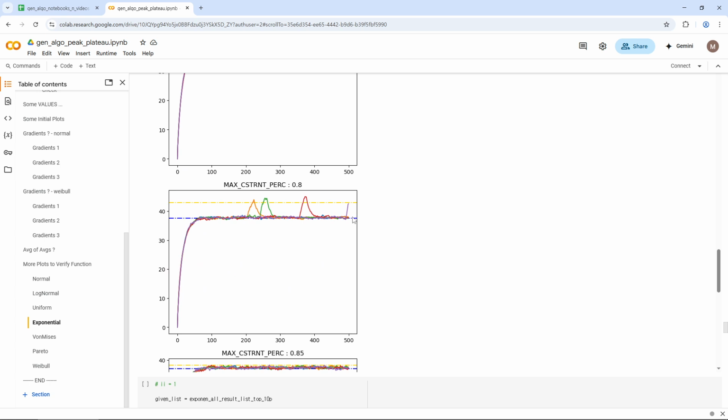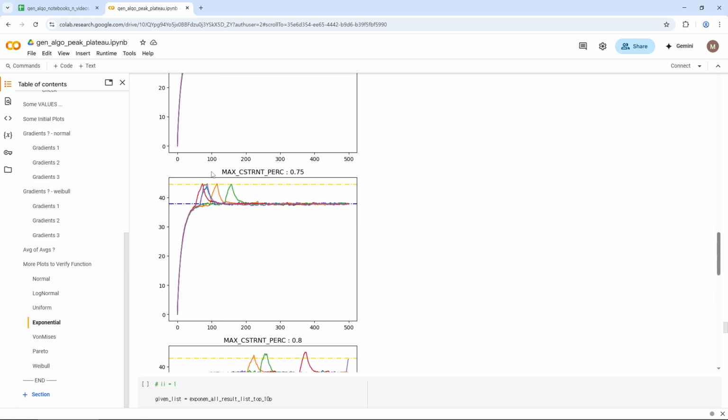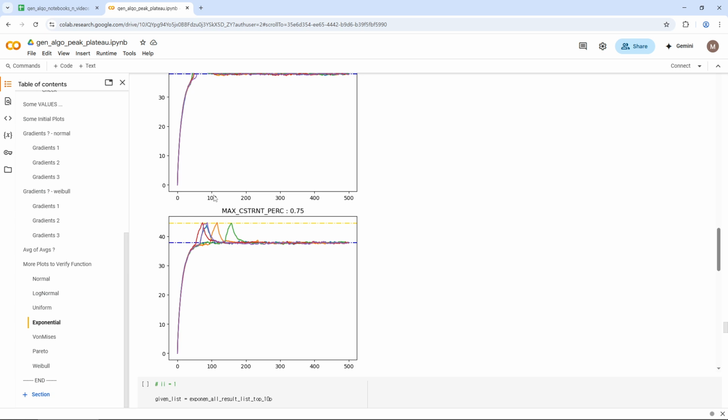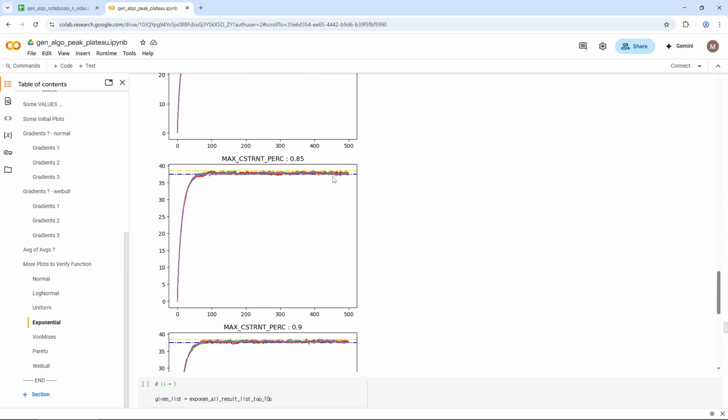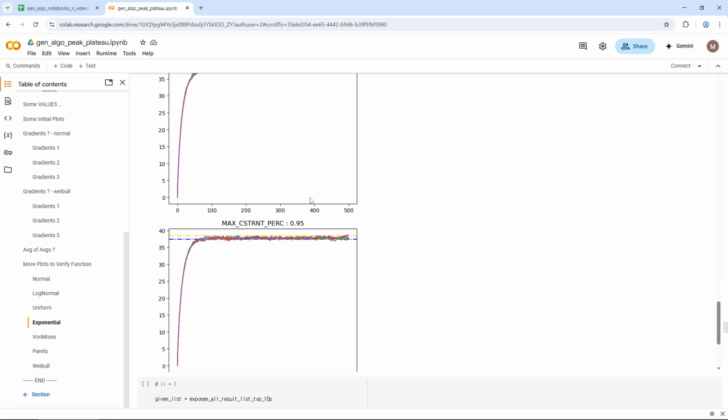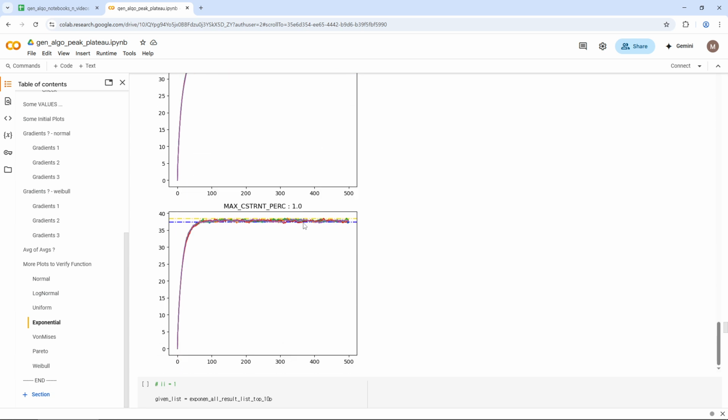At 80%, even though one peak, all these 5 peaks happened at different generations, and one was happening, and then the whole evolution ended. Even given these conditions, the blue dash-dotted line very closely approximates the plateau level. And at 85%, again, no peaks happening, but we do have the plateau level. 90%, 95%, 100%.